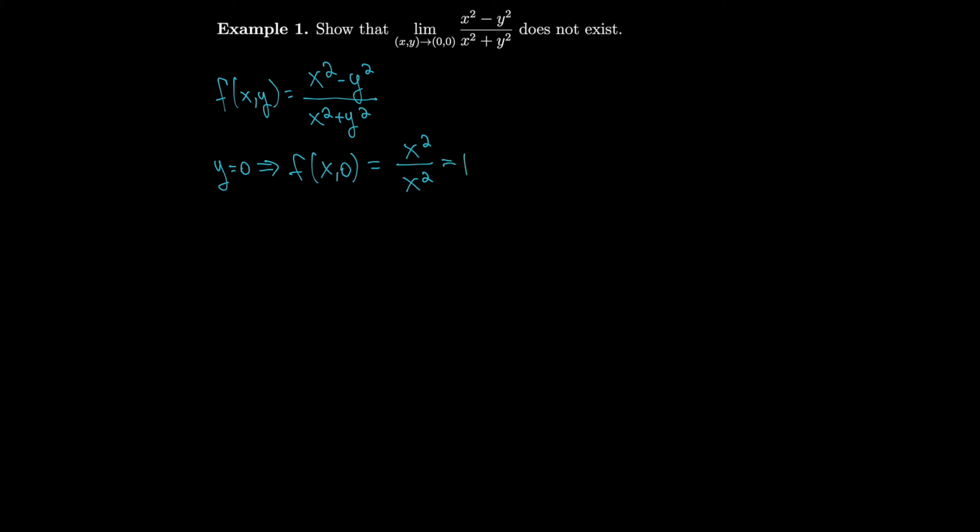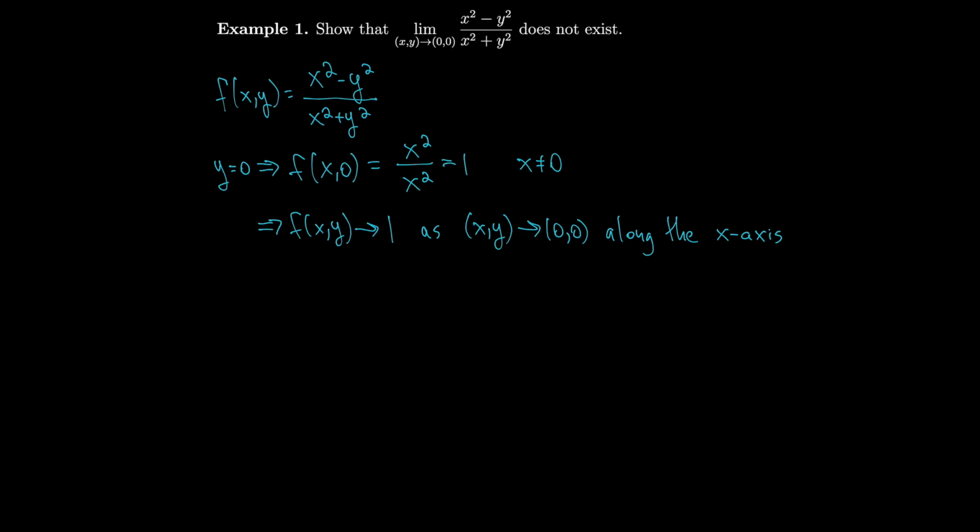Well, that's just 1, provided that x is not equal to 0. So that means that f(x, y) approaches 1 as (x, y) approaches the origin along the x-axis.